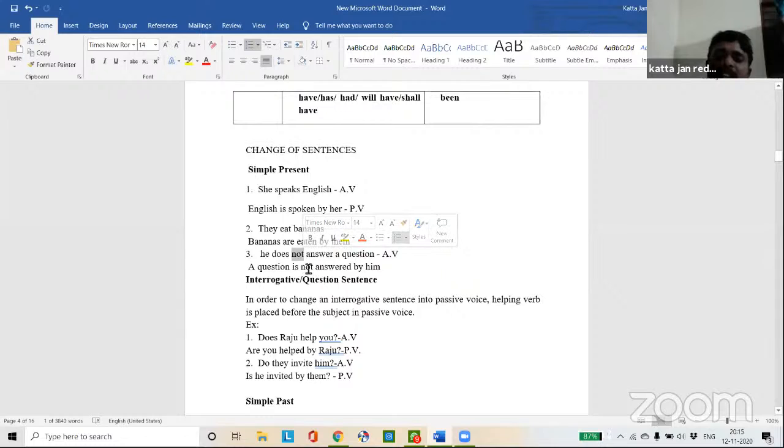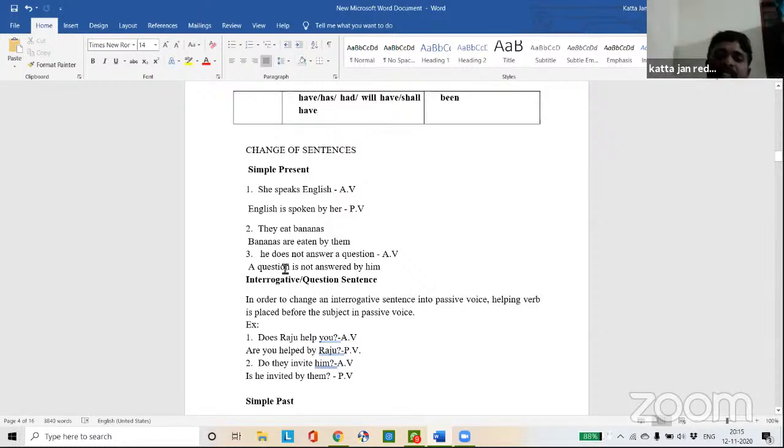This is a negative sentence, so we should use the negative word again. The negative word is used after the helping verb. We cannot use a question not is, right? So we use a question is not. Again, answer is the verb, converted into V3. Answered. After V3, by. After by, the subject he becomes him.